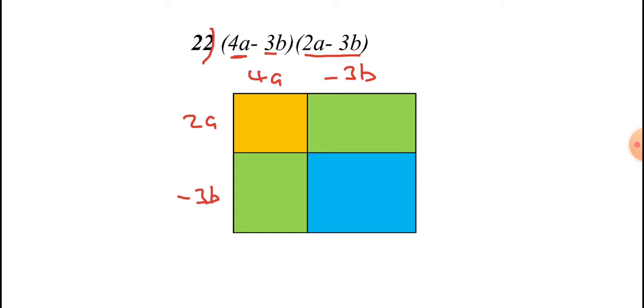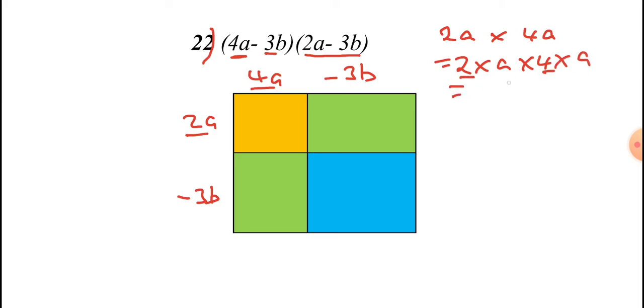Because I can see 2a times 4a, that is the same as saying 2 times a times 4 times a. 2 times 4 is 8, and then a times a is a squared. So it's 8 times a squared, which is 8a squared.